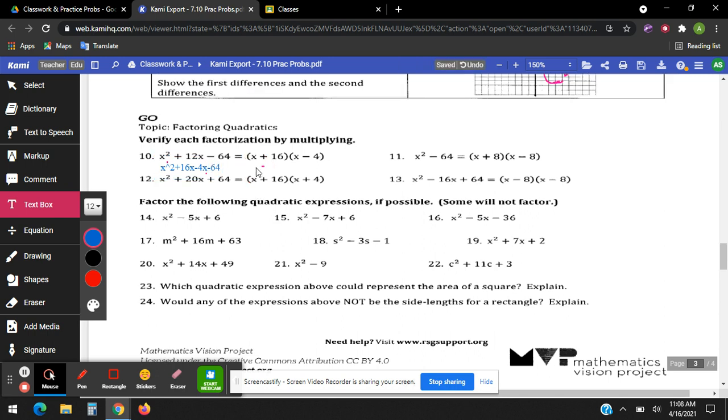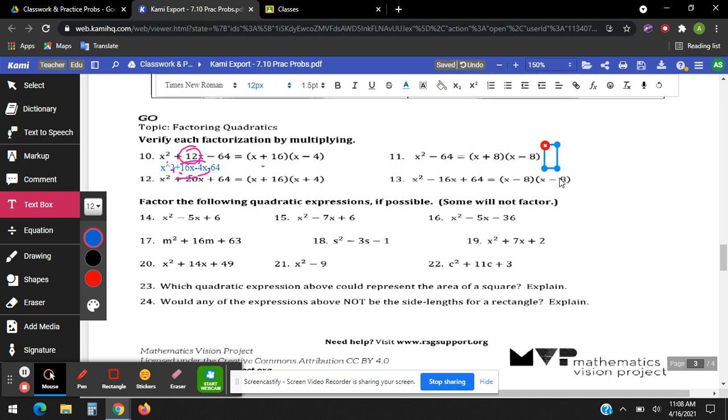And so when we do that, we have the x squared, we have the 64, these guys combine to get the 12. All right, let's do it over here. So this I'm going to do to the side.